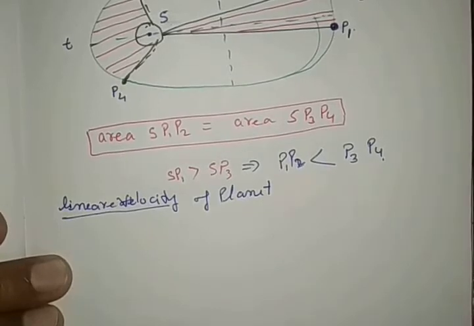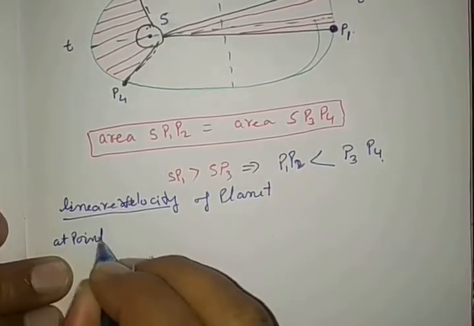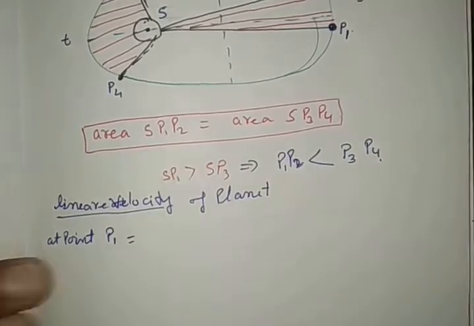First, at point P1, what is the linear velocity?